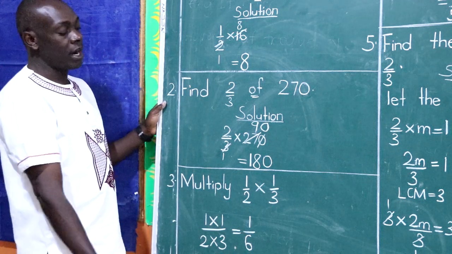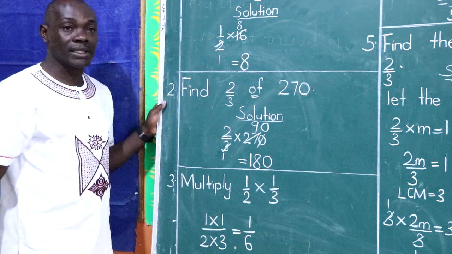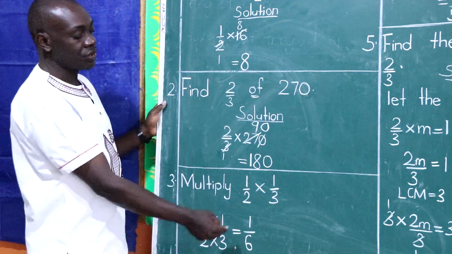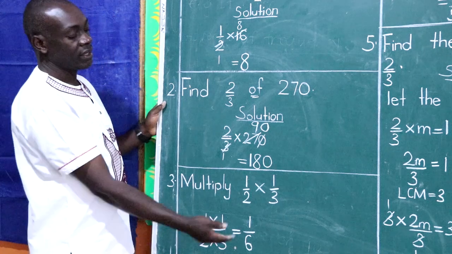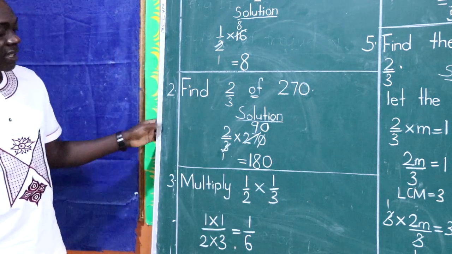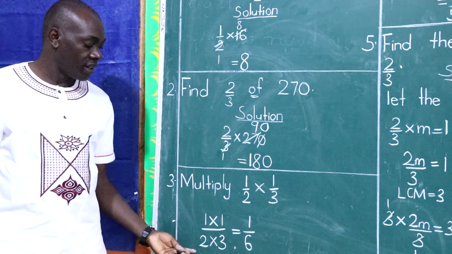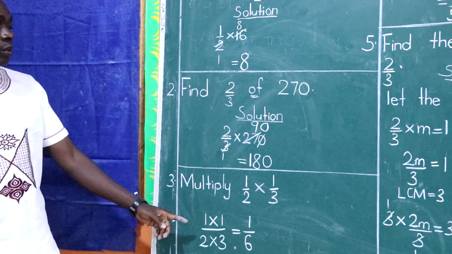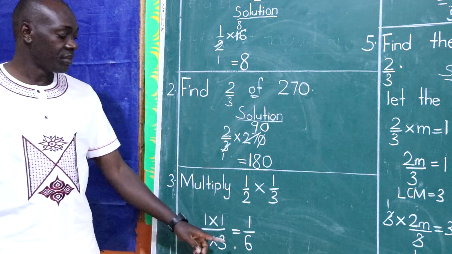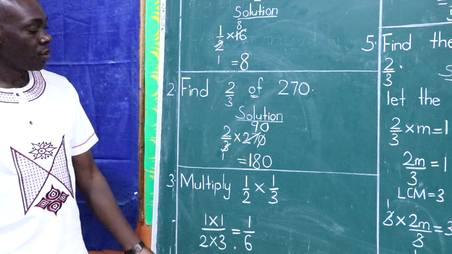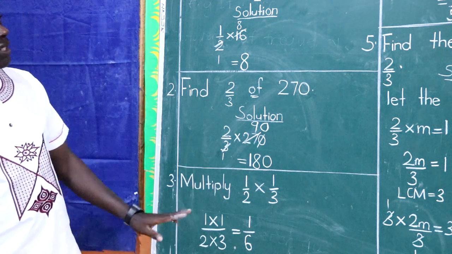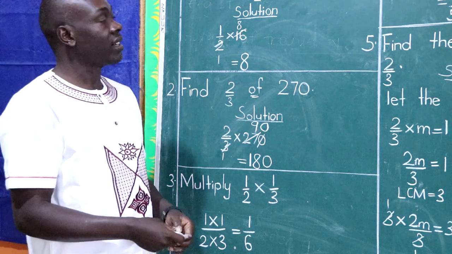So we first multiply the upper numbers and then multiply the down numbers. Hence we say 1 times 1 out of 2 times 3. 1 times 1 is 1, and 2 times 3 you get 6. So a half times a third, you get a sixth. And that's the answer.